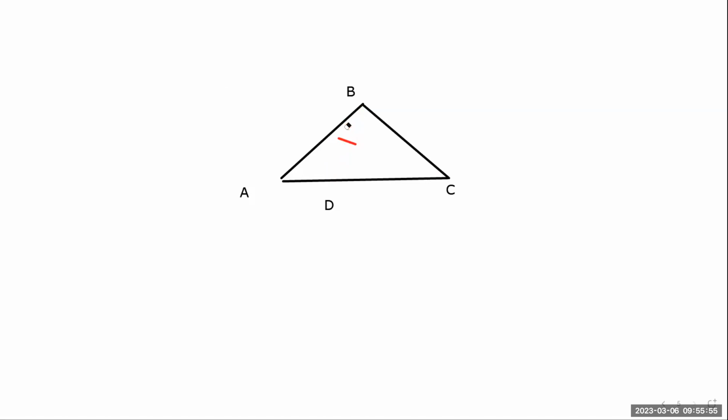Now, if it's a bisector, then I can say some additional things. By the definition of what it means to bisect something, which I think we looked at in chapter 2, a bisector means that it cuts it exactly in half.